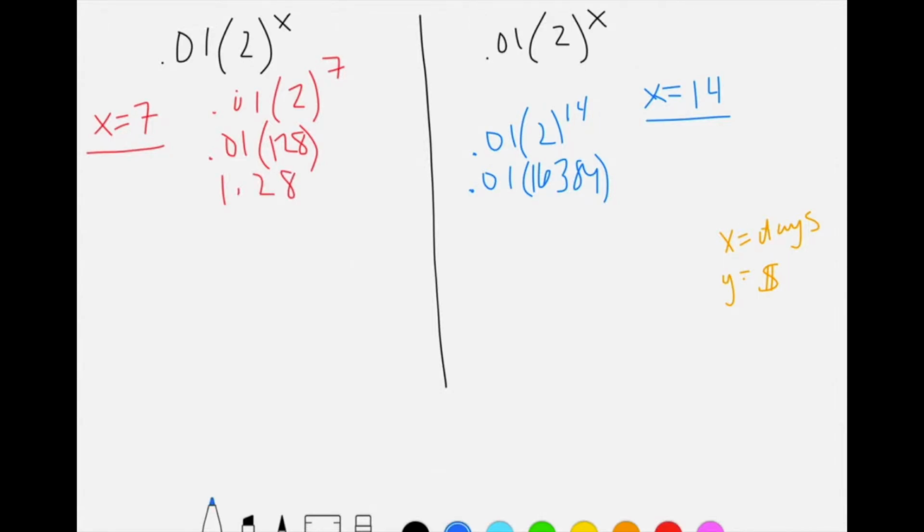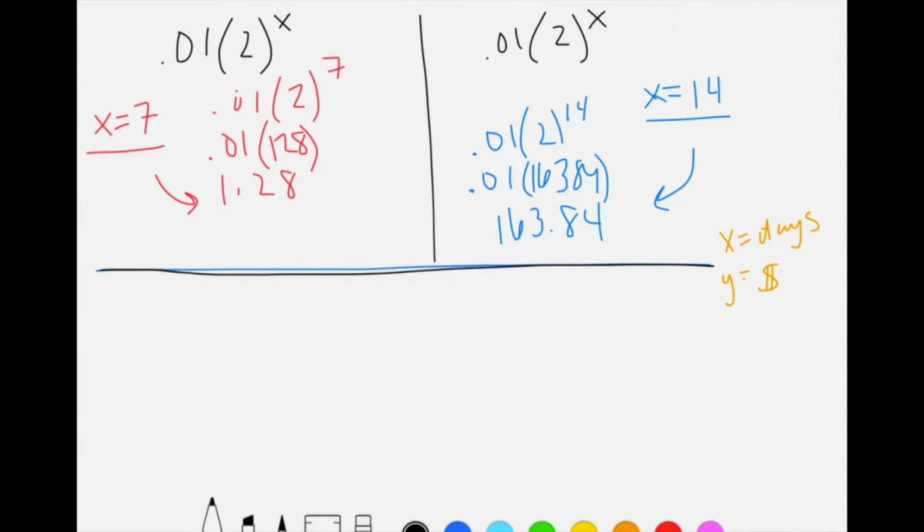And on the right side for 14 days, I get 163.84. So after 7 days, I'm going to have $1.28, and after 14 days, I'm going to have $163.84.